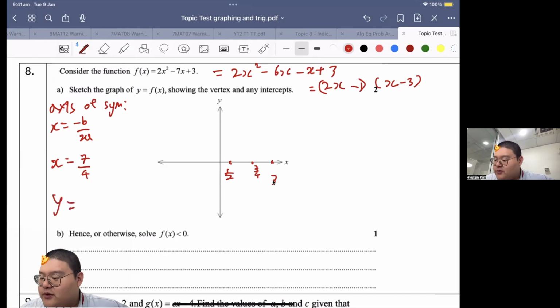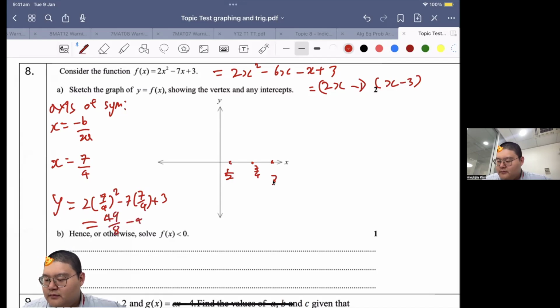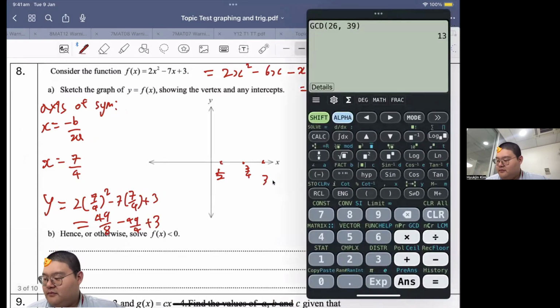So I need to sub in y equals 2 times (7 on 4) squared minus 7 times 7 on 4 plus 3, which I'm really slow. Oh my God. What am I doing?